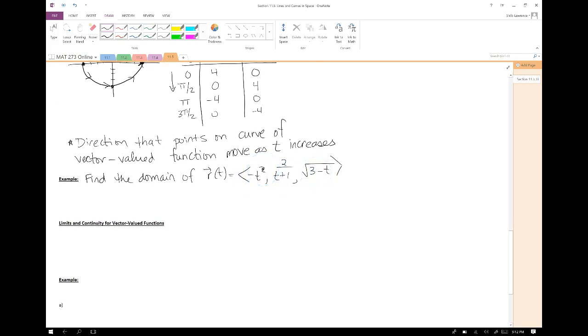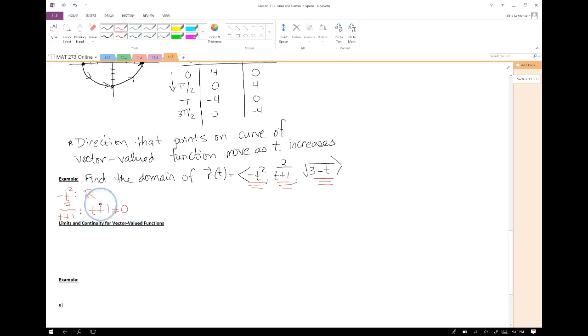So what we need to do is evaluate these three component functions for their domain individually. Negative t squared is a polynomial, so its domain is all real numbers. 2 over t plus 1 is a rational function, and since we have a variable in our denominator, we need to make sure that the denominator never equals 0 because we are not allowed to divide by 0.